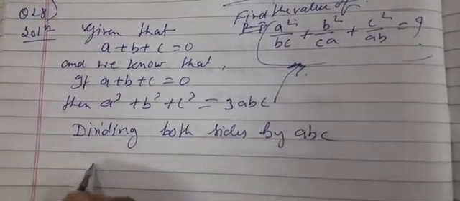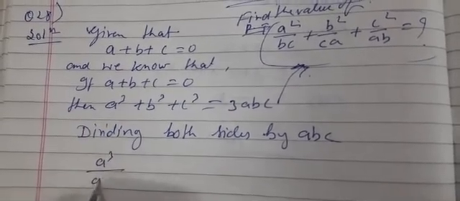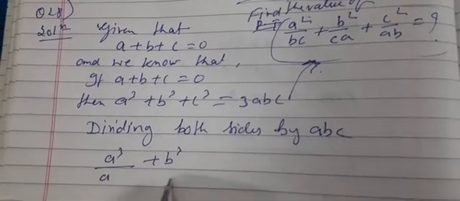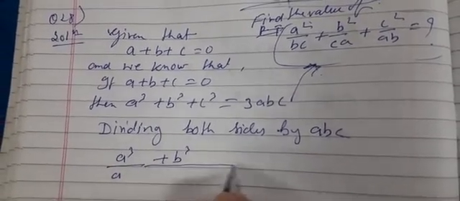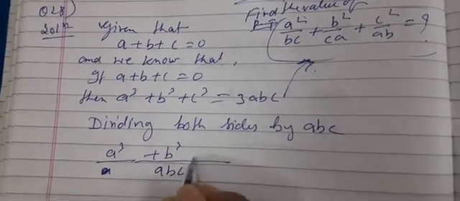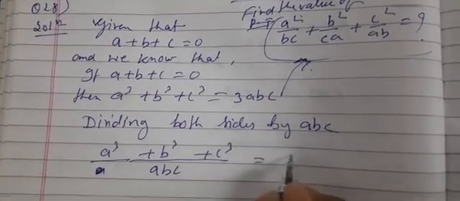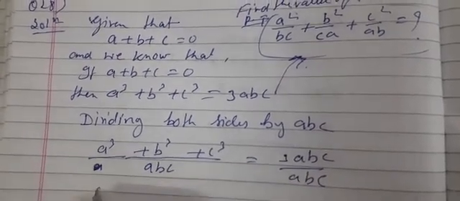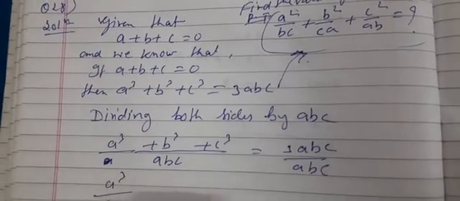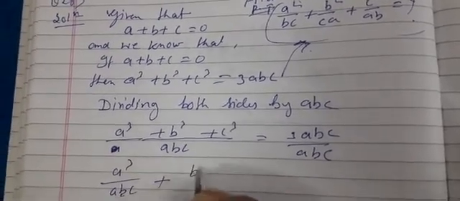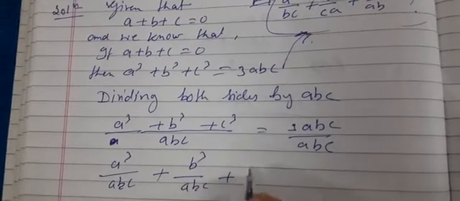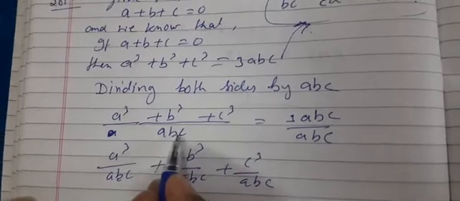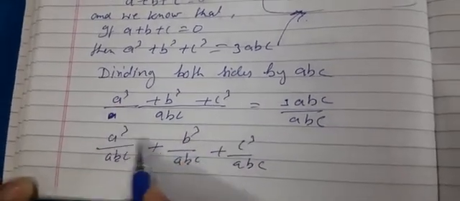Then what will happen? Let's see. a cube upon abc, whole divided, you may write separately or at once. I'm showing you that also. We may write a cube upon abc plus b cube upon abc plus c cube upon abc. When we take the LCM, it becomes abc, and the numerator is a cube plus b cube plus c cube.